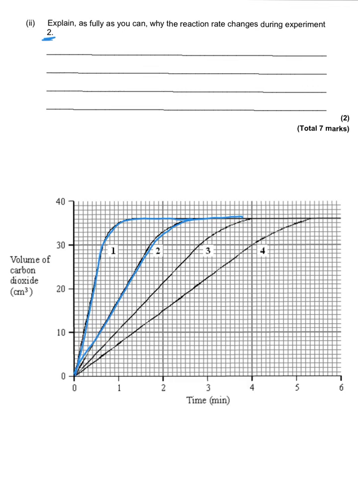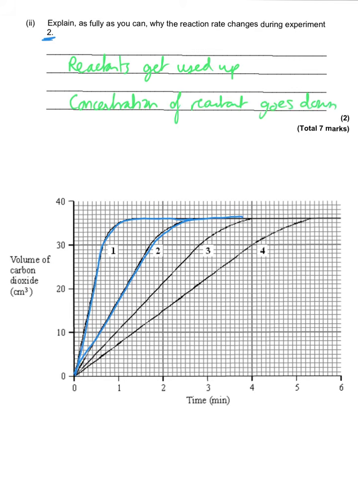So we've been asked to explain, so we need to give the reasons for the description. And so we've got 2 marks here. So we need to say first and foremost that the reactants get used up. That would get us our first mark. And so because they get used up, their concentration of reactant goes down.